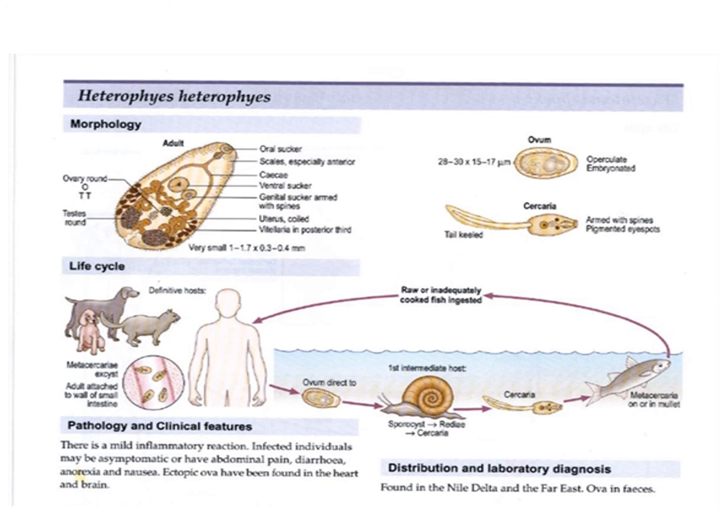Now the life cycle starts when the human discharges ova to the environment, and the ova become embryonated.